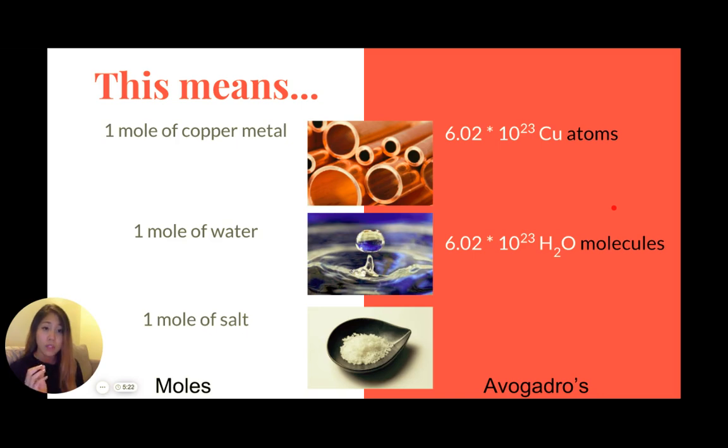You use atoms to describe one element, but when elements are chemically bonded together, you use the term molecules. You also have 1 mole of salt, equivalent to 6.02 times 10 to the 23 sodium chloride molecules. So 1 mole of copper metal, 1 mole of water, and 1 mole of salt all equal 6.02 times 10 to the 23.